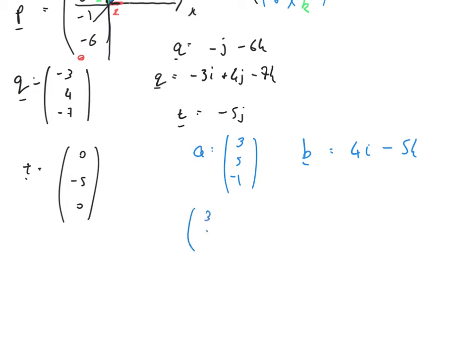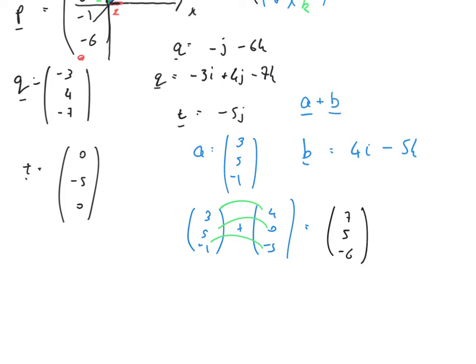That would be 3, 5, minus 1, and then I'm adding on the vector b, so I'm looking for a plus b here: 4, 0, minus 5. And then we just do similar to what we did in 2D vectors. For 3D vectors, you just add together the components. 3 plus 4 is 7. 5 plus 0 is 5. And minus 1 plus minus 5 is minus 6. That's that one.